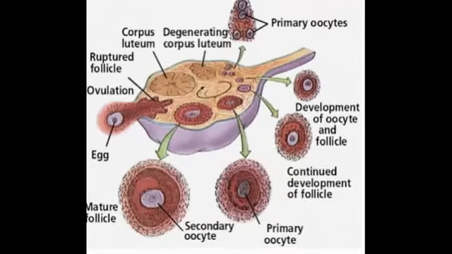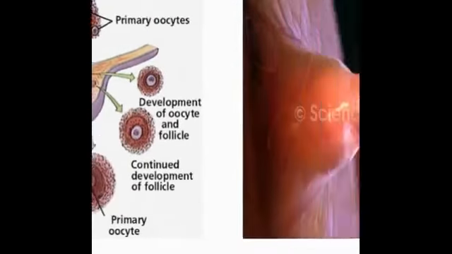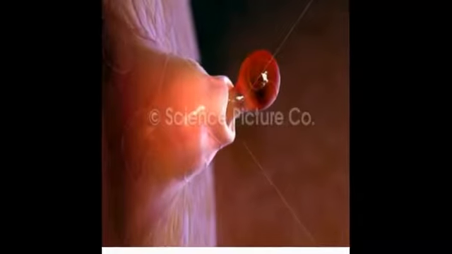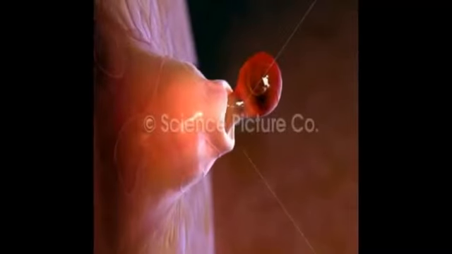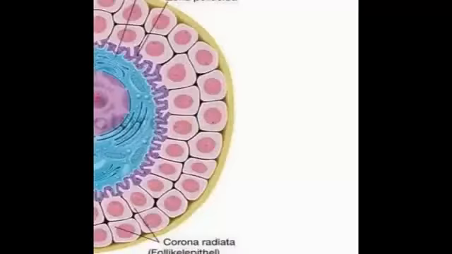On the right side, you see how the ovary pushes out the egg cells. This is like a sun flaring, and the egg cells go out and through the fallopian tube go inside the womb.